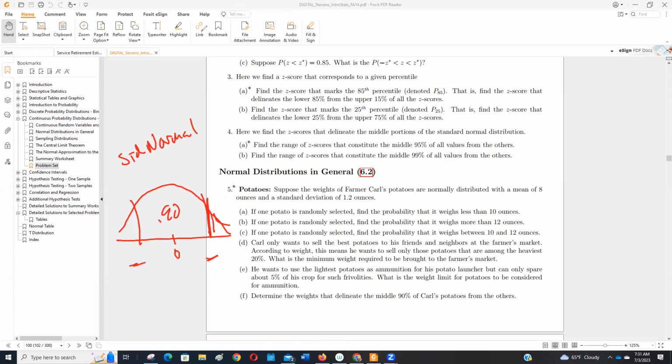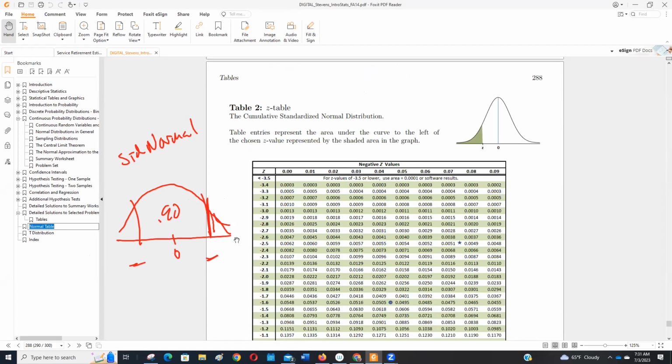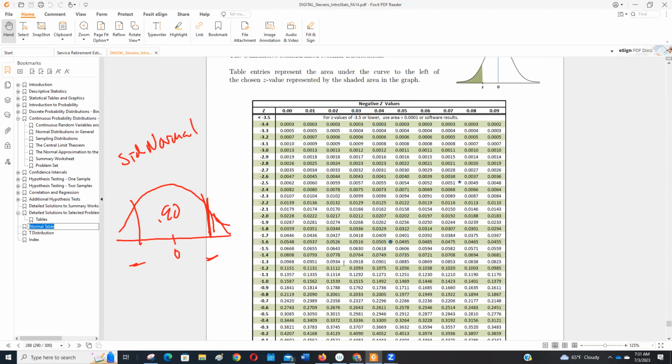Well, if we go back and look at that little normal curve table, we certainly could find the tail area. What is the tail area? 1 minus 0.9 is 0.1. Half of that is 0.05. So 0.05 here, 0.05 here is the tail area.